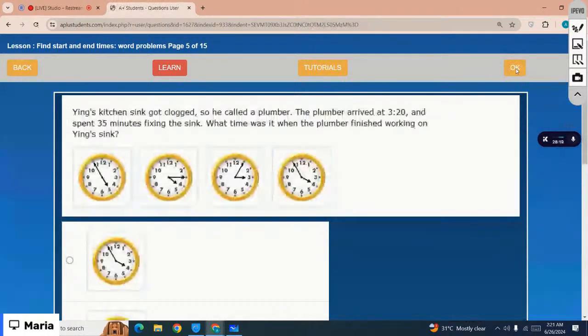Ying's kitchen sink got clogged. She called a plumber. The plumber arrived at 3:20 and spent 35 minutes fixing the sink. What time was it when the plumber finished working on Ying's sink? Which is the correct option?